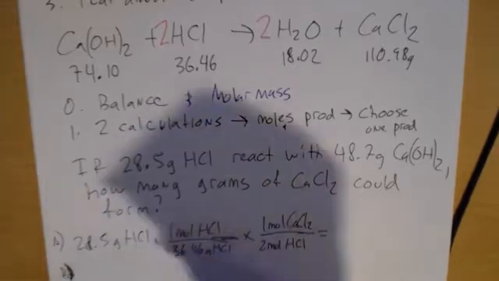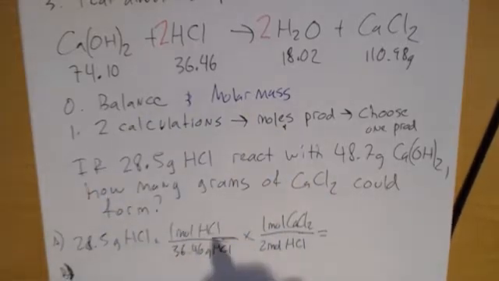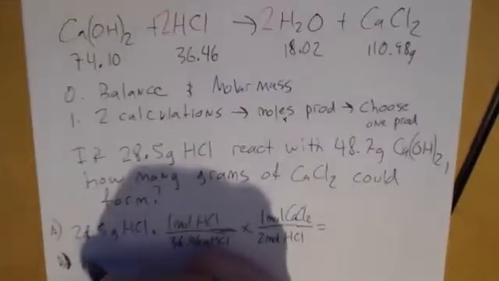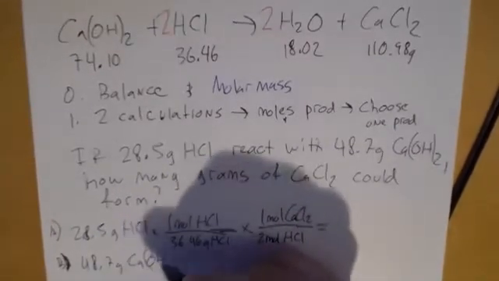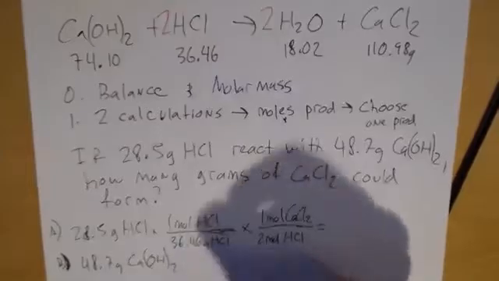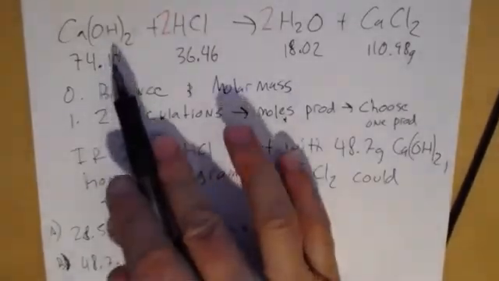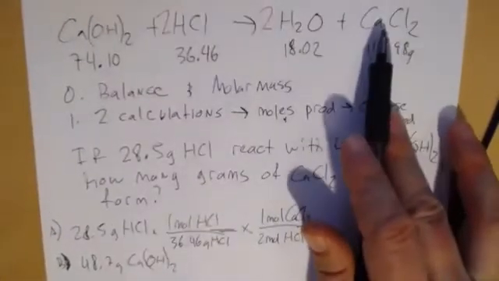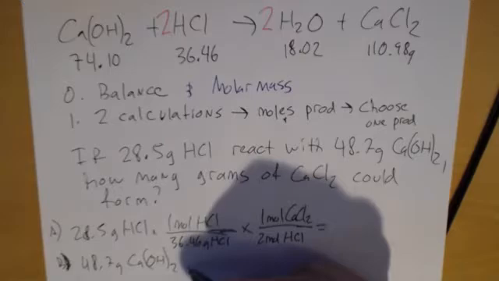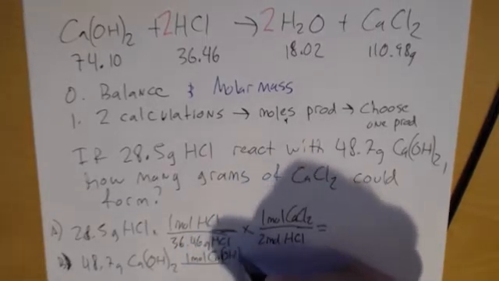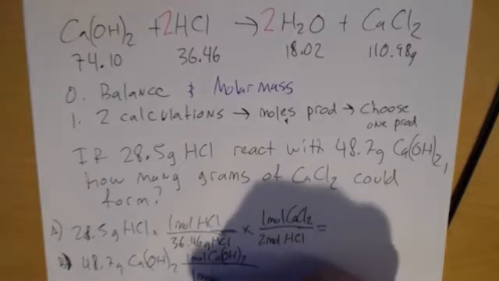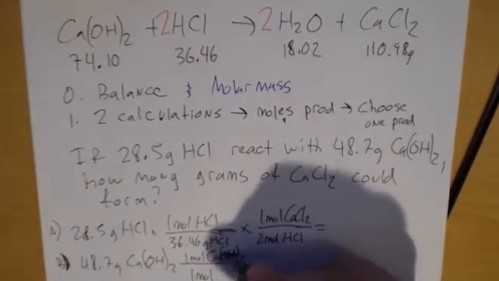Okay, so equation 2 is use the amount of calcium hydroxide. 48.7 grams of calcium hydroxide times, now the mole ratio of calcium hydroxide is 1 to 1 for calcium chloride. Whoops, that should be calcium chloride on the top.